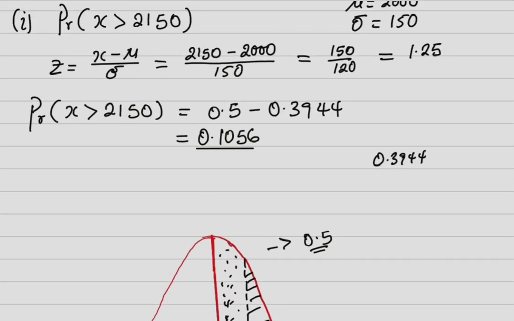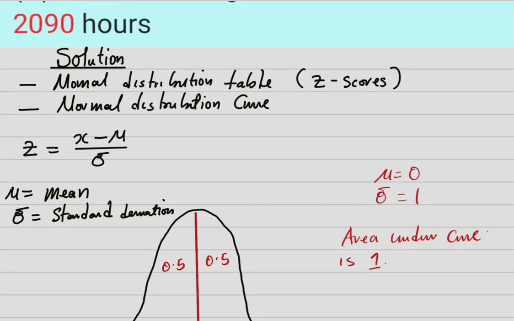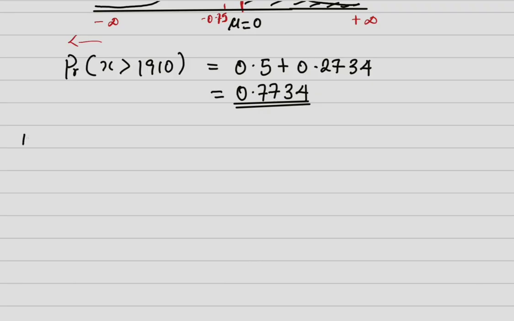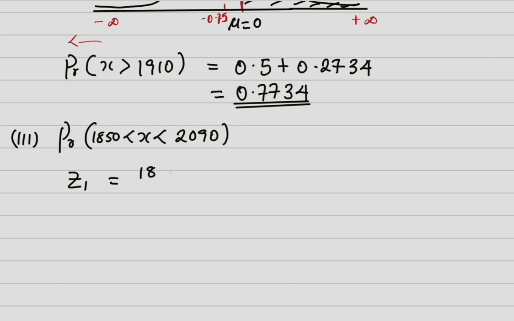Then quickly, let's go to the last question. The last question is a range. Okay, it's a range between 1850 and 2090. Now, Roman figure 3 is going to be the probability that x is greater than 1850 and less than 2090. All right. So if I were you, I will have two z's. The first one should be for x greater than 1850.